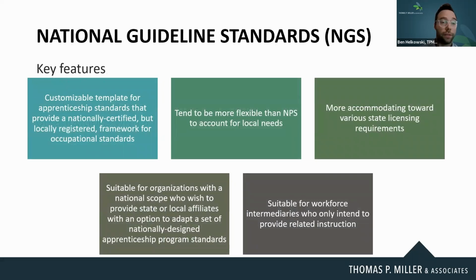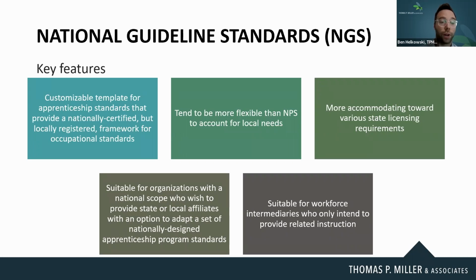So other key features of national guideline standards are that they come with a customizable template for apprenticeship standards that provide a nationally certified but locally registered framework for occupational standards. They tend to be more flexible than national program standards to account for local needs. They are more accommodating towards various state licensing requirements.